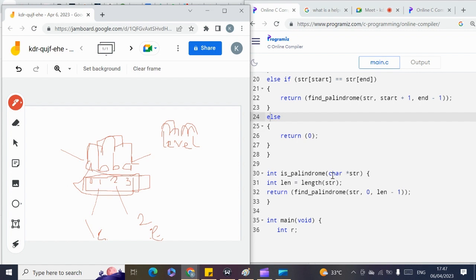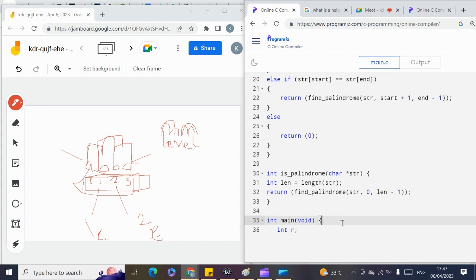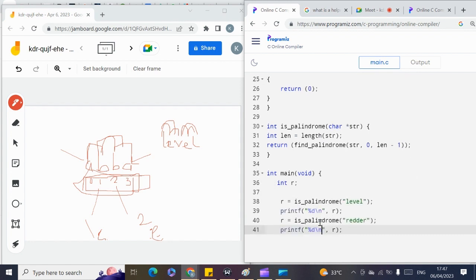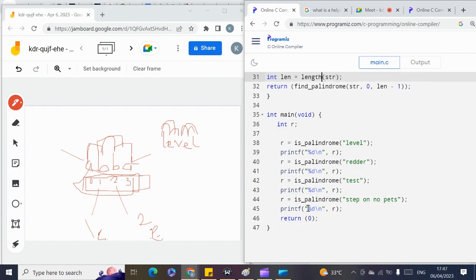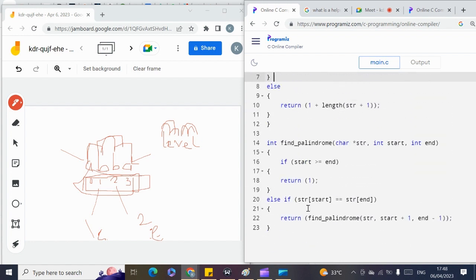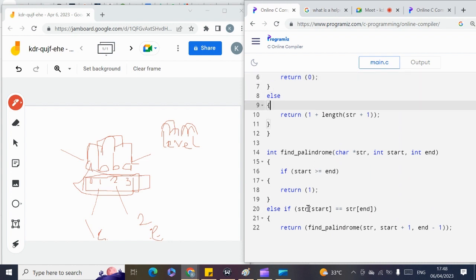So this is actually a variable that is holding this one. And then I copied the main function that was given just to test here. I think that is that.